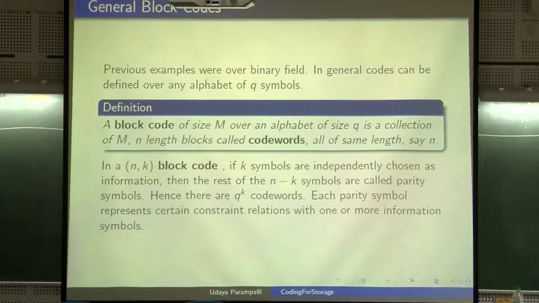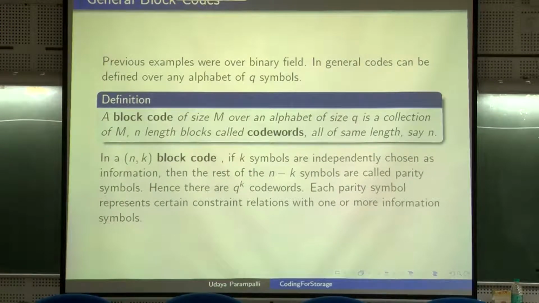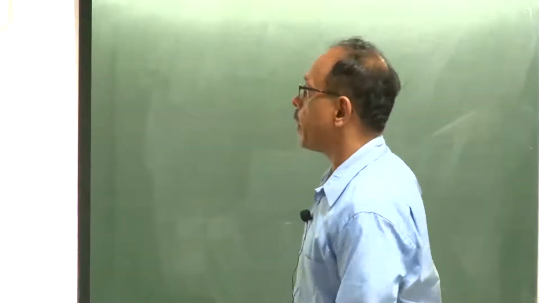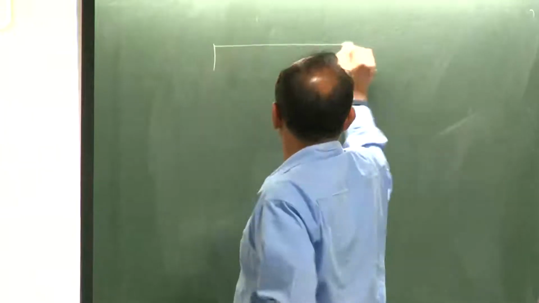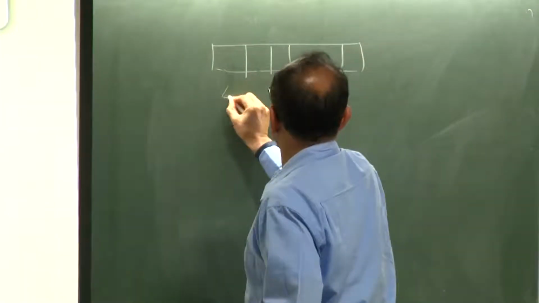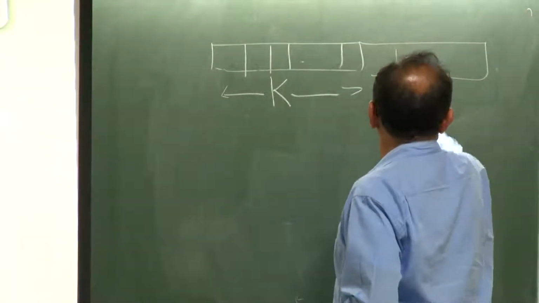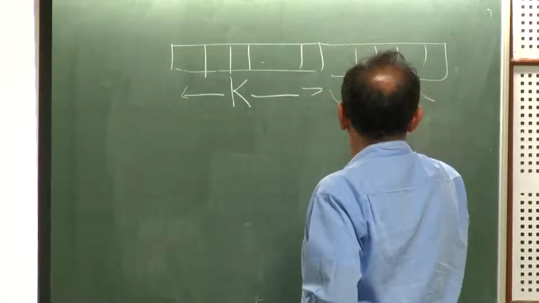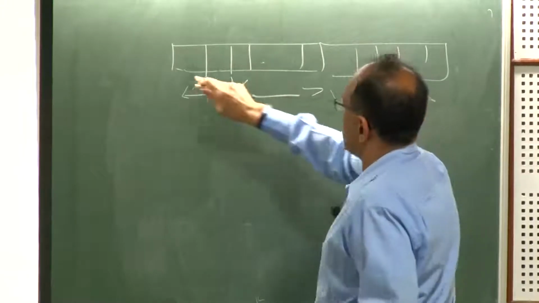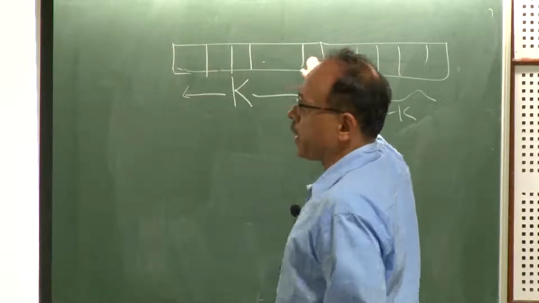So with the binary case we considered yesterday, q can be the finite fields that we talked about. Let us say you have k symbols of information and n minus k parities. The code has complete freedom to choose any of the GF(q) elements.